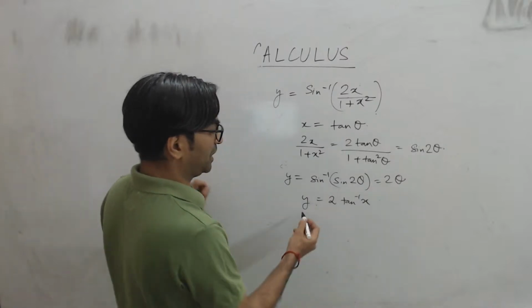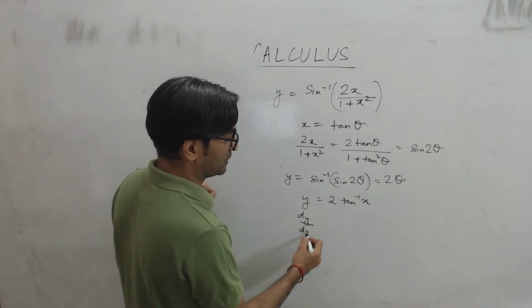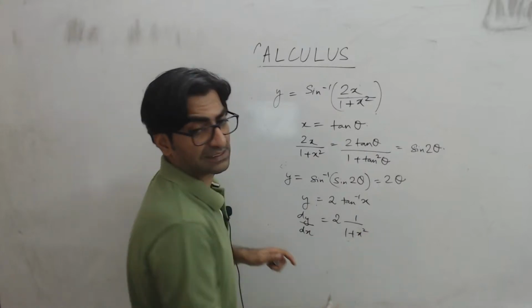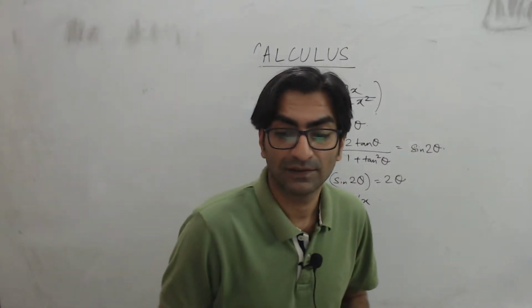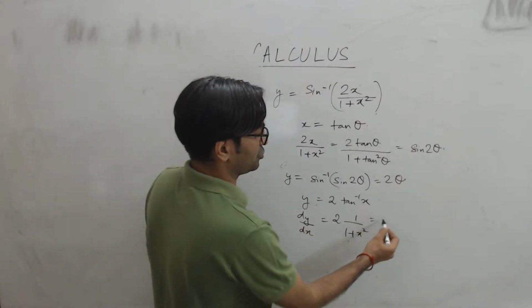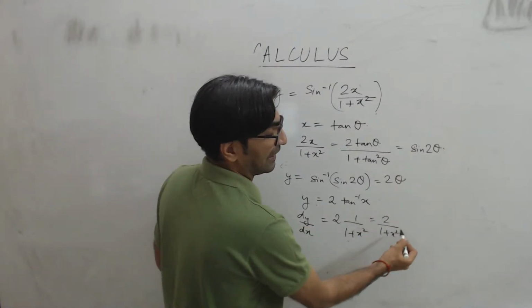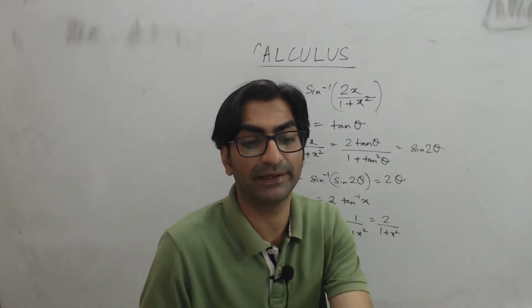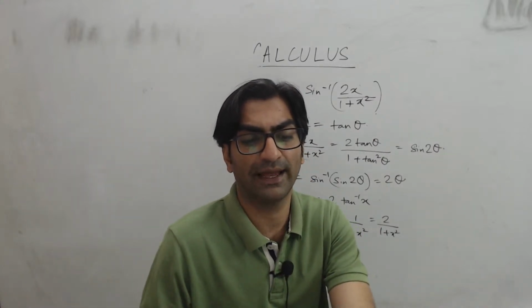So differentiate it now, dy by dx. I hope you remember the differential for tan inverse. That's 1 upon 1 plus x squared. Absolutely. So this becomes 2 upon 1 plus x squared, and look for that in the options. That's option B, 2 upon 1 plus x squared.